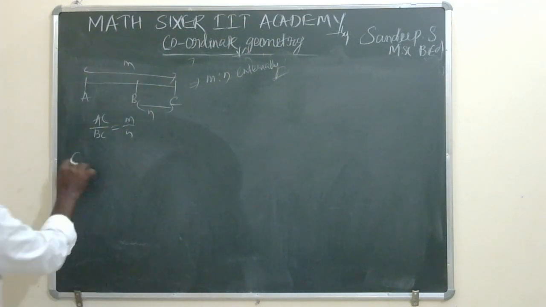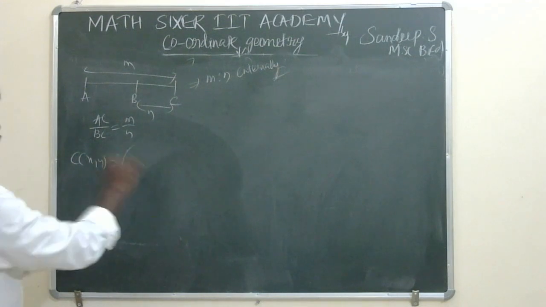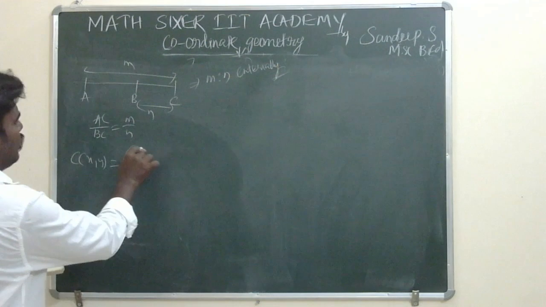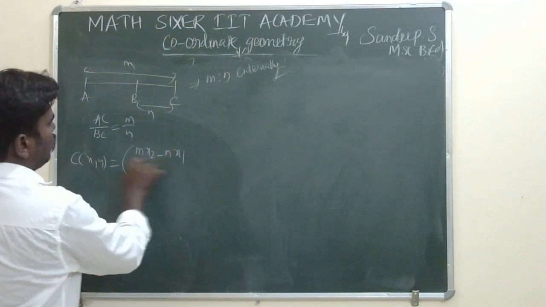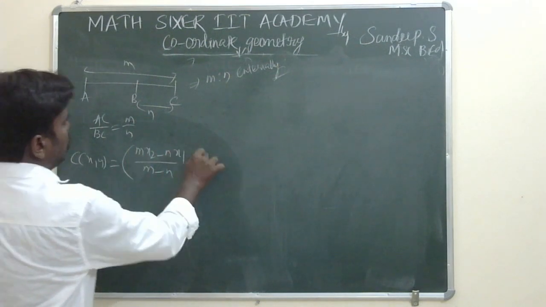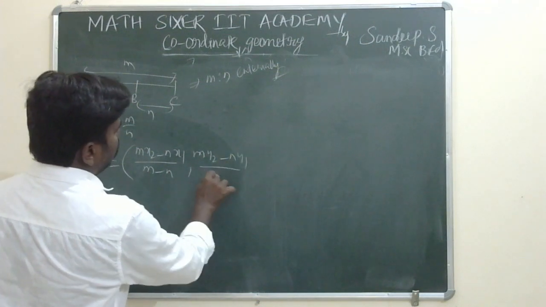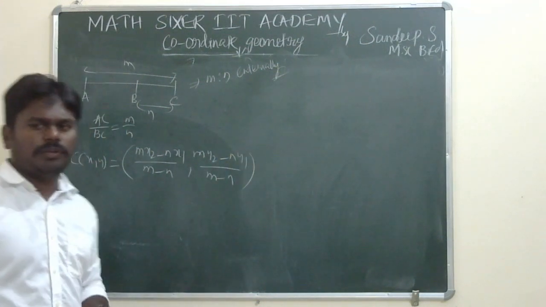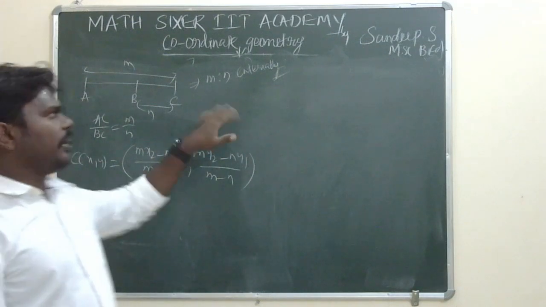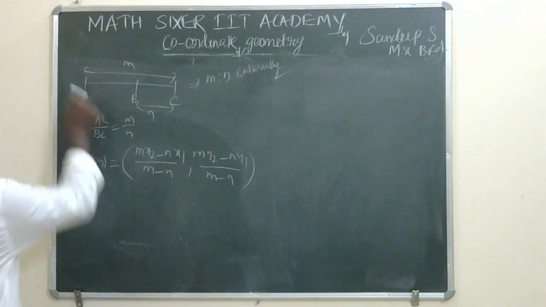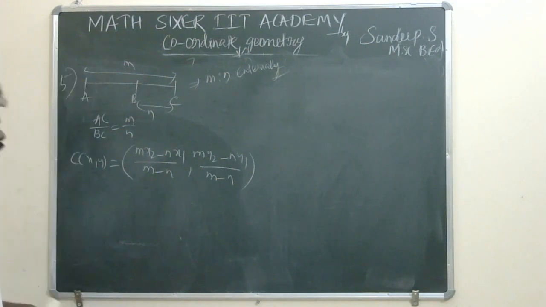So C(x, y) is equal to, simply you write a minus symbol where we had plus: (mx2 - nx1)/(m - n), comma, (my2 - ny1)/(m - n). This is the formula we will use in the case of external division.